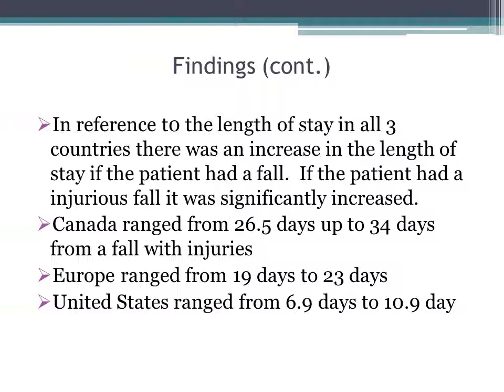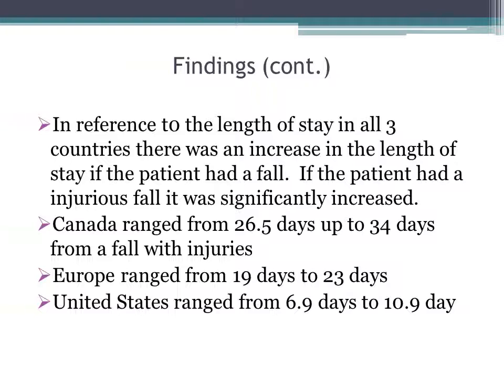So you have a huge range of differences there, and there really wasn't much of a correlation. The main aspect was that length of stay increased with an injurious fall, but there was no guideline or standard number of days for all three countries that correlated with each other.